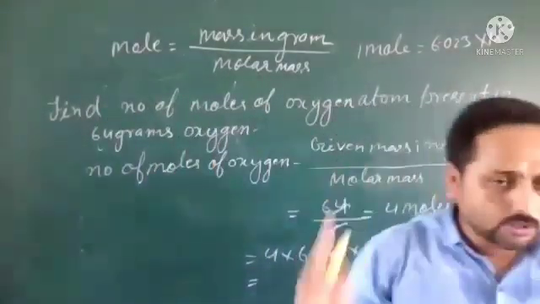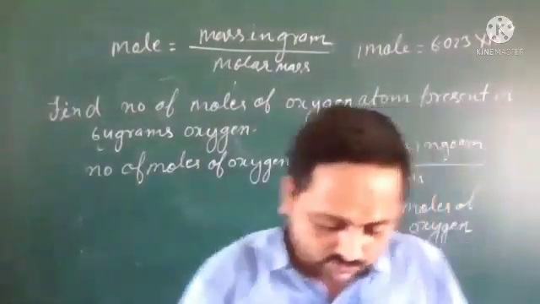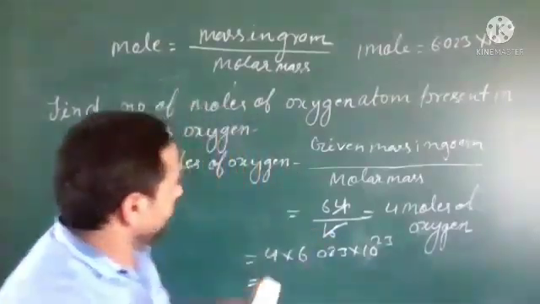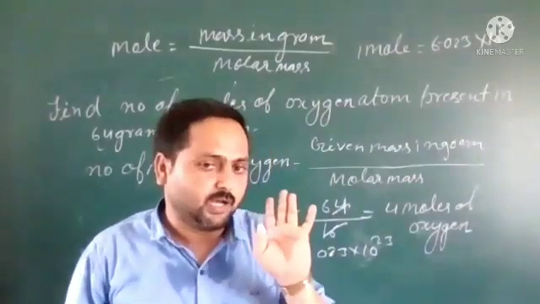So that is how to calculate the number of moles here. Some more questions we can solve. We have solved here on the basis of just the atom, taking oxygen.